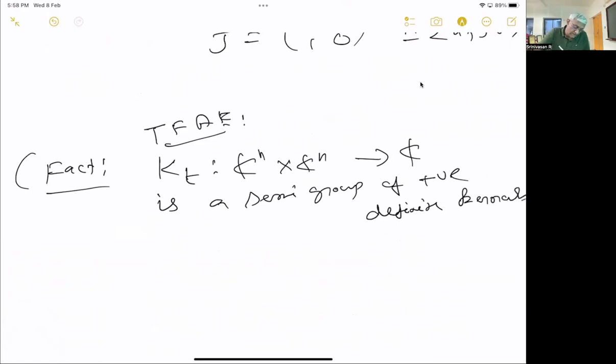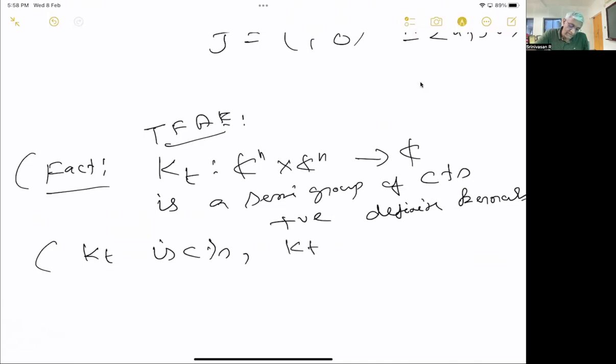What it means is each Kt is a continuous positive definite kernel. Of course, continuous means continuous on the metric space Cn. And each Kt is positive definite. We know the definition.